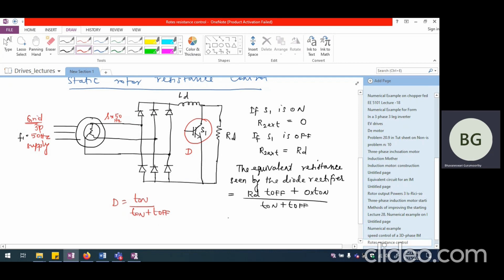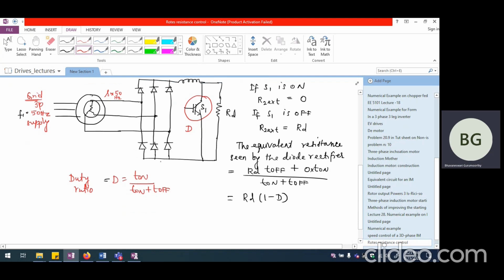So I can write this expression as RD multiplied by 1 minus D, where D is the duty ratio of the switch. So RD multiplied by 1 minus D is the overall resistance seen by the diode rectifier.